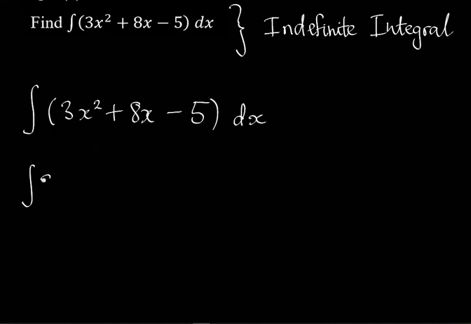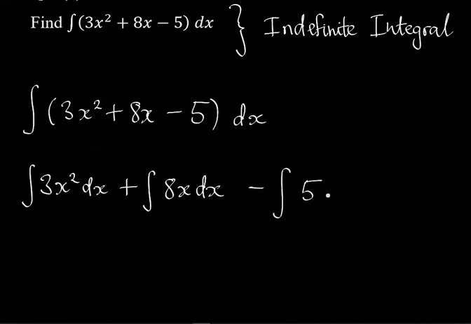So here we can say this is equal to the integral of 3x squared plus, we need a dx here to show the variable with which we're integrating with respect to. We have the integral of 8x dx minus the integral of 5 dx.